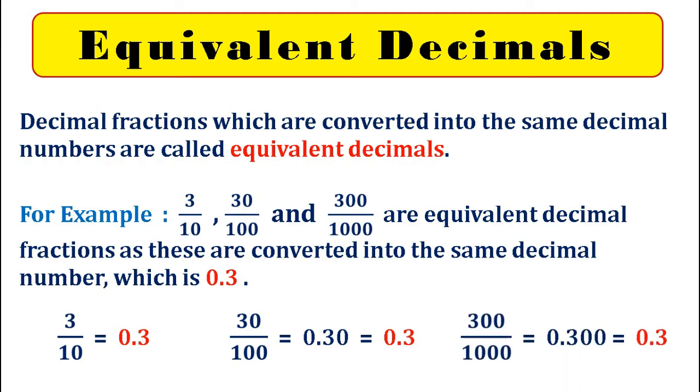Using the same logic, the third decimal fraction will also have its decimal number as 0.3. So we can see that all the decimal fractions are converted into the same decimal number, which is 0.3.